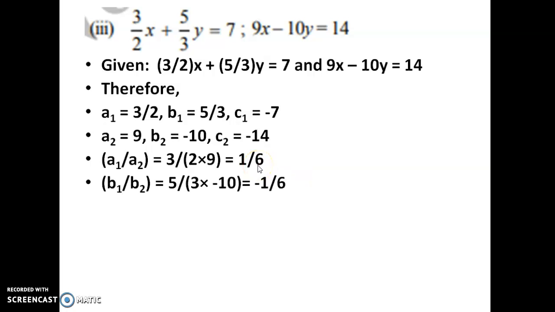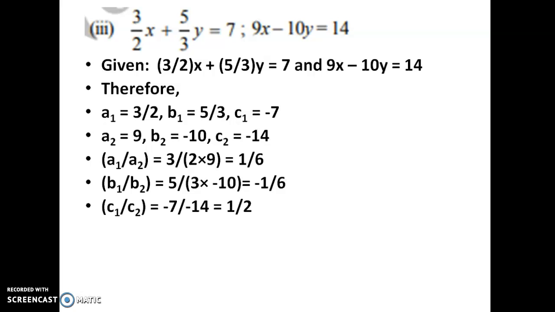Then b1 by b2 equal to 5 by 3 into minus 10. This is also the same way. 5 by 3 you have, and here in the denominator, that is b2, is minus 10. So you have to multiply with the denominator of this fraction. So 5 by 3 into minus 10, that is equal to minus 1 by 6.